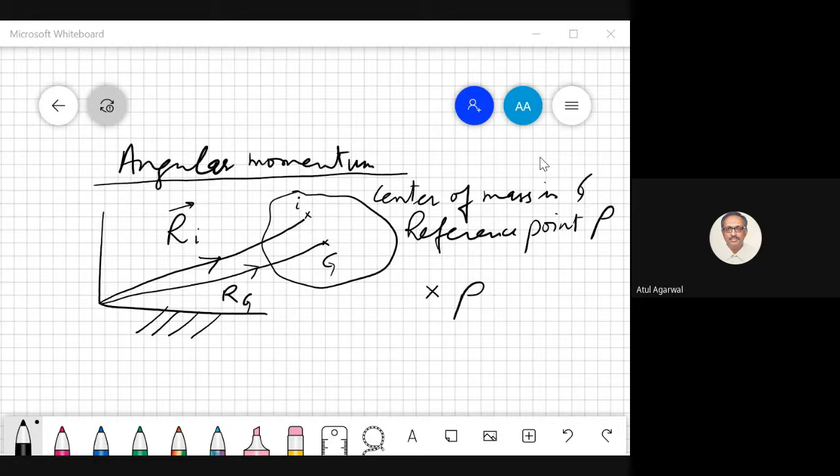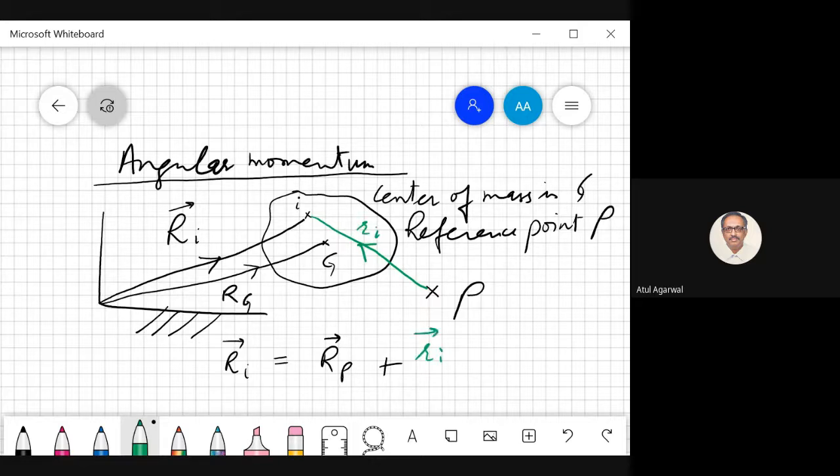Now what is the position vector of particle I? Ri you can write as Rp, the position vector of point P with respect to the fixed coordinate system, plus the position vector of particle I with respect to point P. This we call small r. Any problem with this?